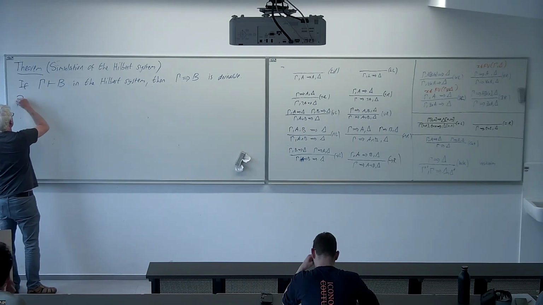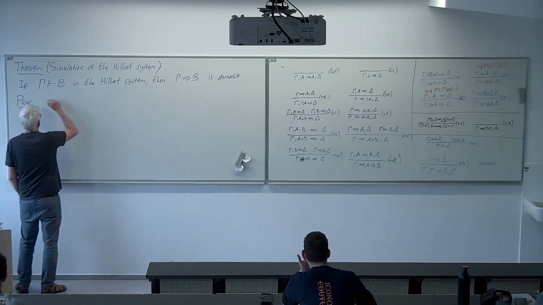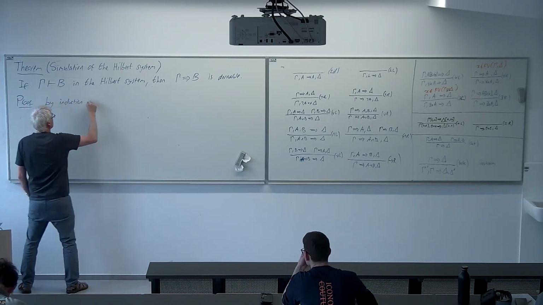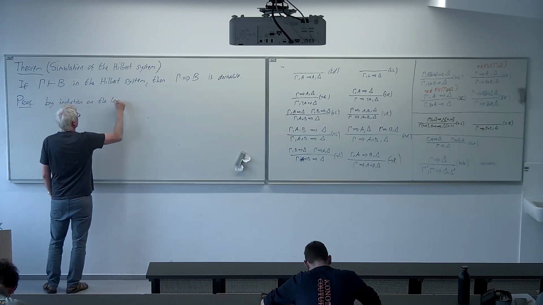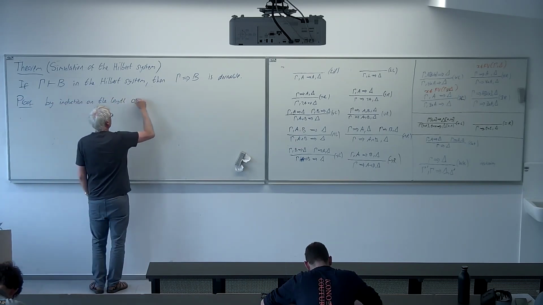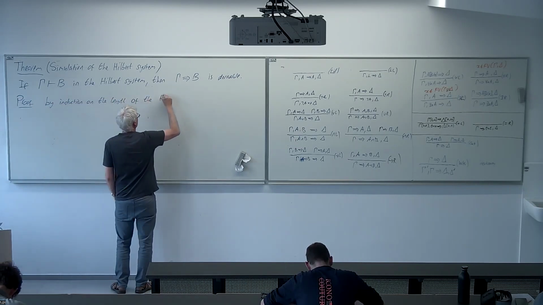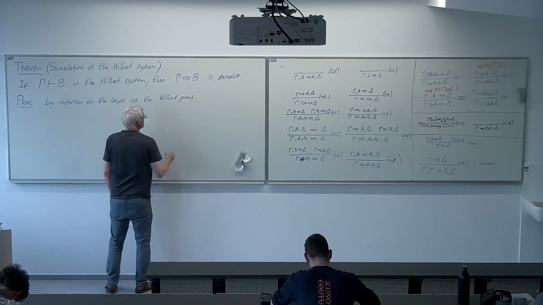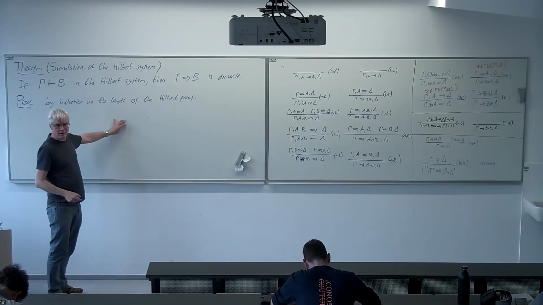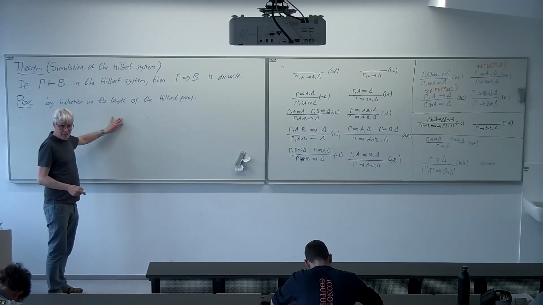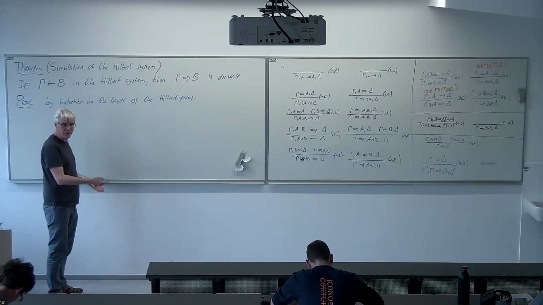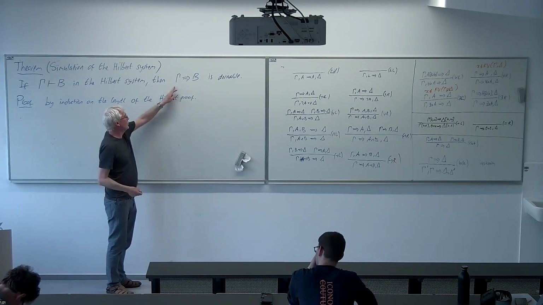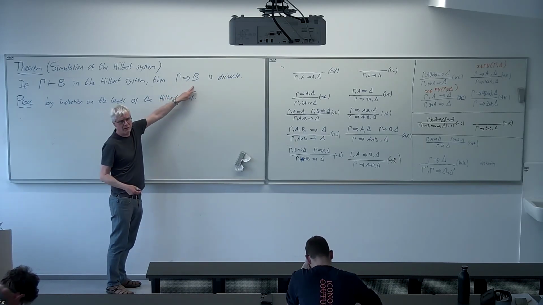So the proof is by induction on the length of the Hilbert derivation, of the Hilbert proof. And then there are a number of cases. It's by induction on the length, but we're going to break it down in terms of what rule we used, how we derived the formula B.